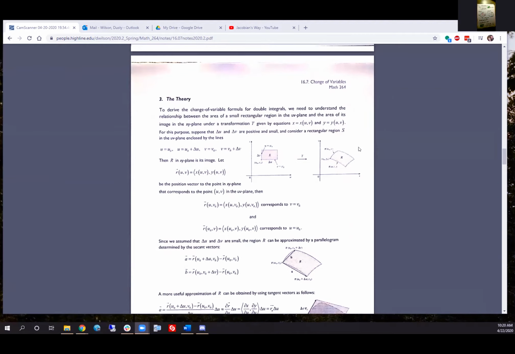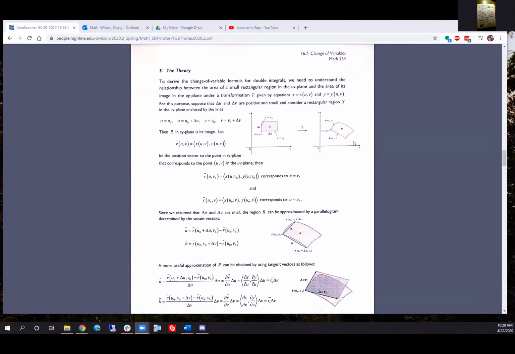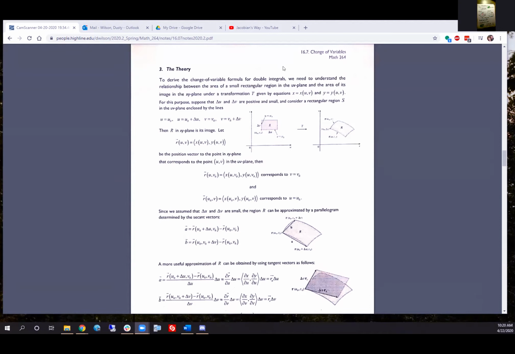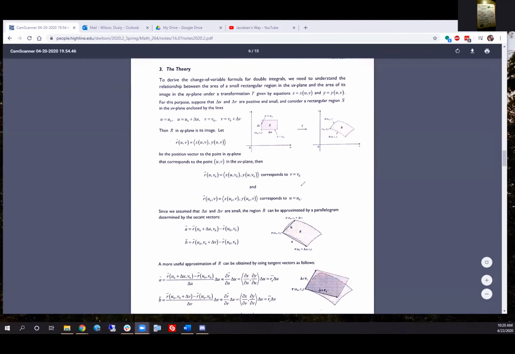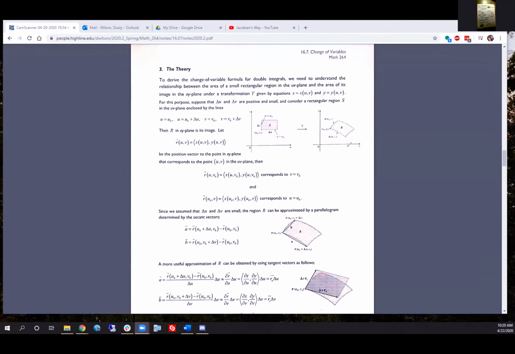So I want to briefly talk about the theory here. If you go to the book, there is a long derivation of where this formula comes from, and I simply want to point to one little piece of it that'll actually be a little bit helpful to us later. In order for this to work, basically what we do is we take these funky little patches.